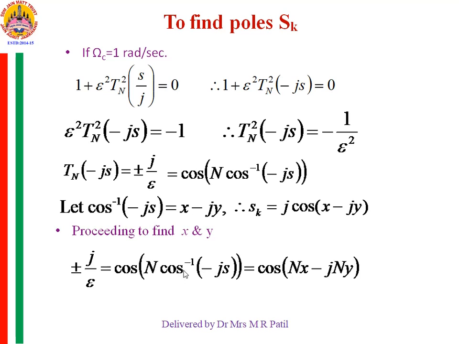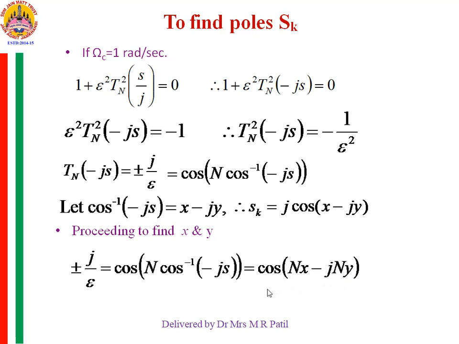So inside here cos inverse of cos of x minus jy. So cos and cos inverse here will get cancelled. So you will get here n into x minus jy. So this entire equation where plus minus j by epsilon becomes equal to cos of nx minus jny.